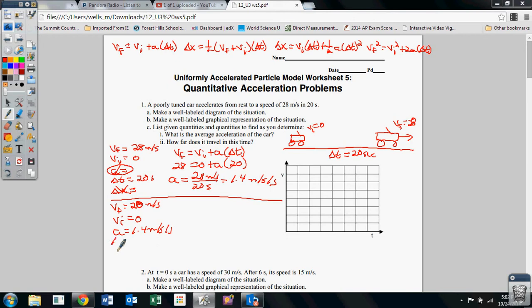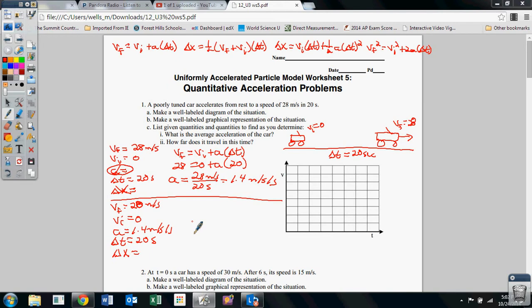I know that delta t is equal to 20 seconds. And finally, we know we are looking for the change in position, which is how far it travels, delta x.